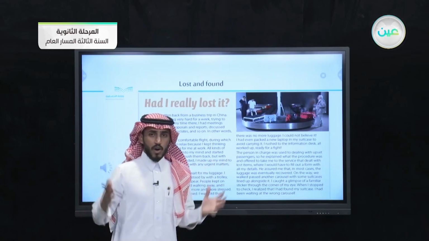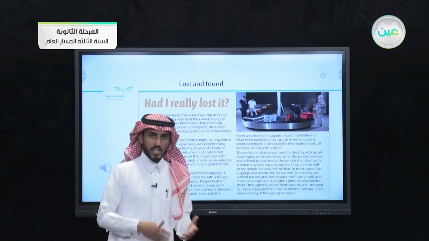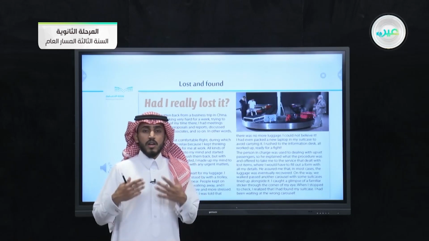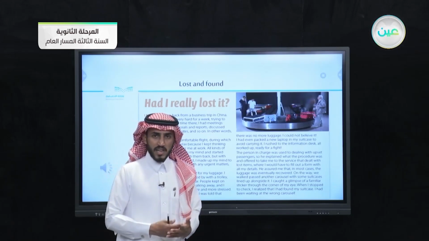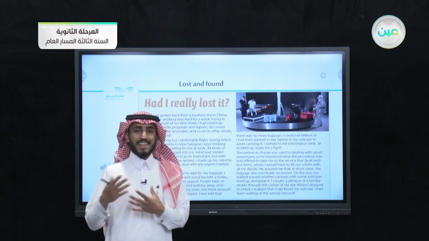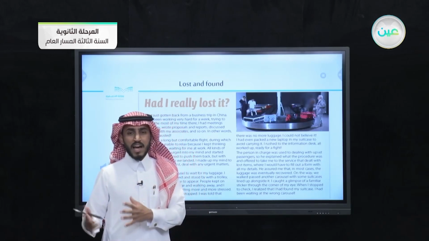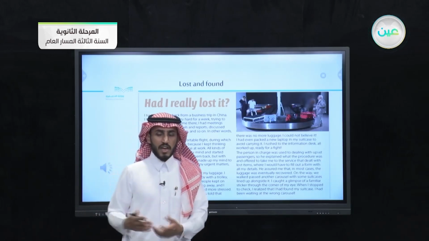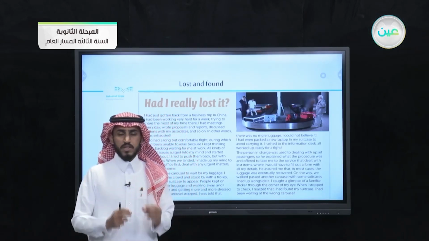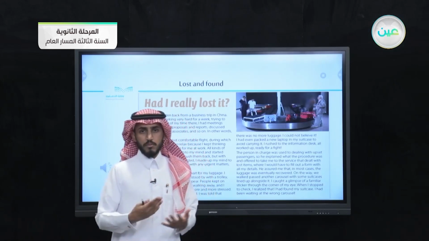After reading one of the essays about a story of someone who lost his luggage, then at the end he found it, we learned how to start the essay, how to express our feelings throughout this essay, and how to mention the important things and imply without mentioning the other details. We said that we don't mention every piece of detail because that makes our story boring.